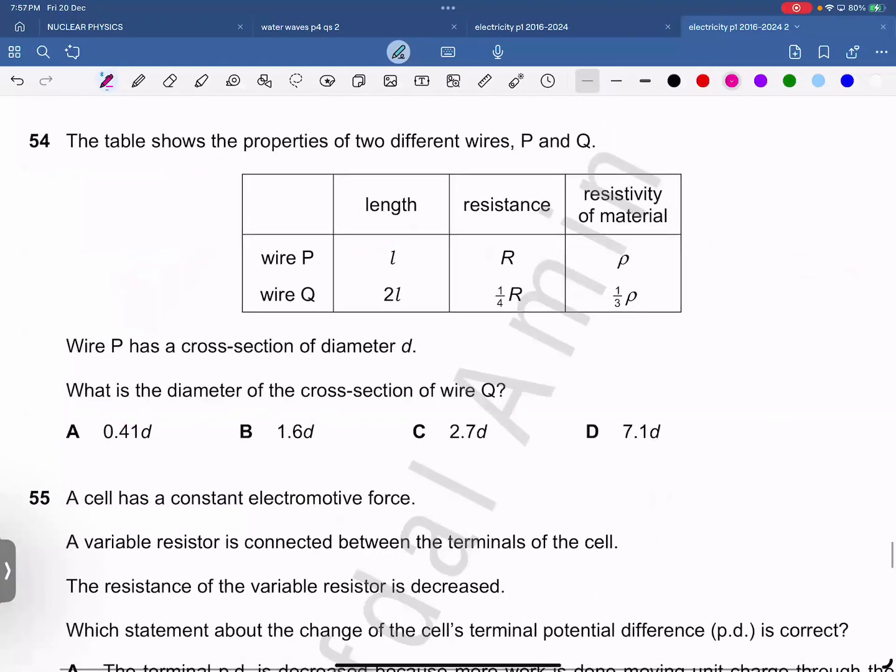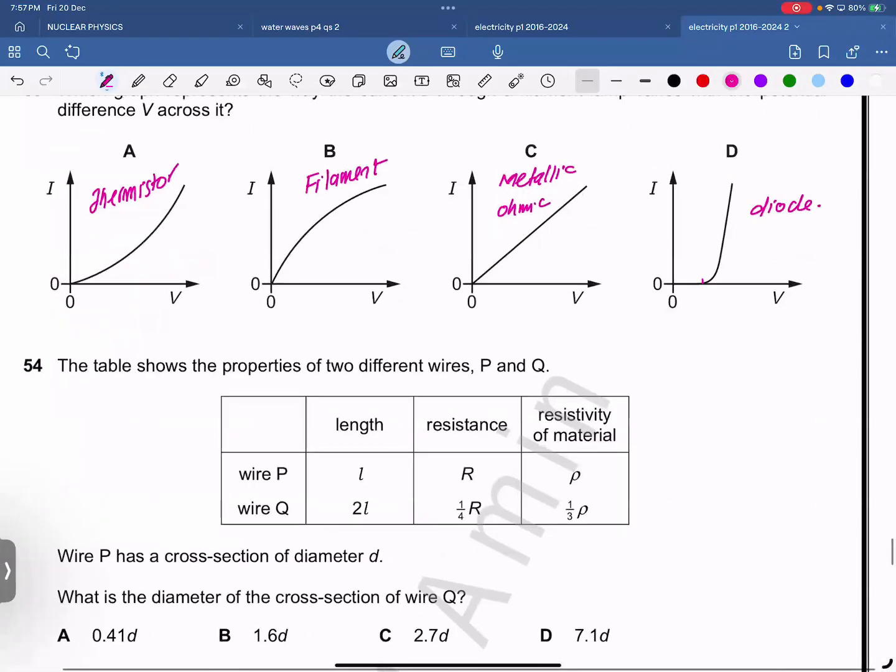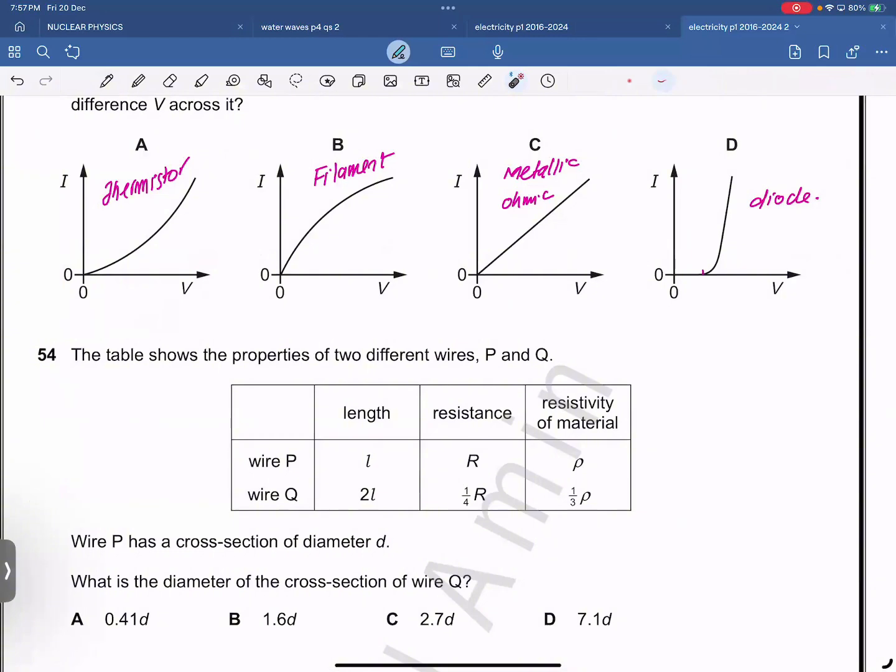The table shows the properties of two wires. Those who want to copy their names, you can copy. I'm reading the question. Two wires, P and Q, my dear students. Wire P has cross-section diameter D, and what is the diameter of Q?